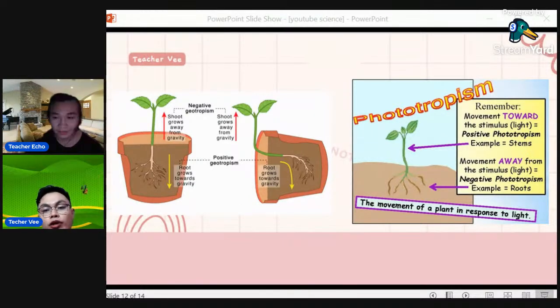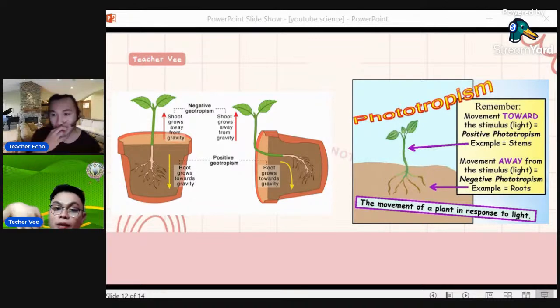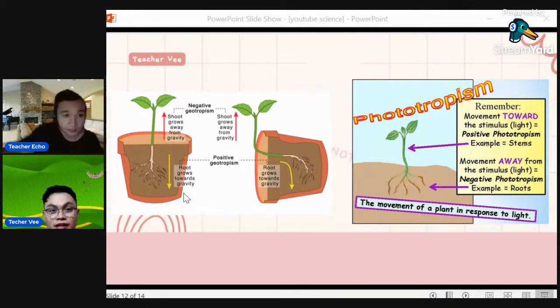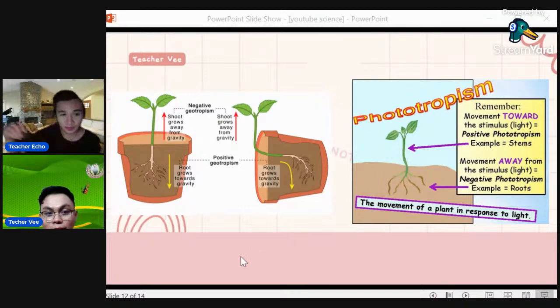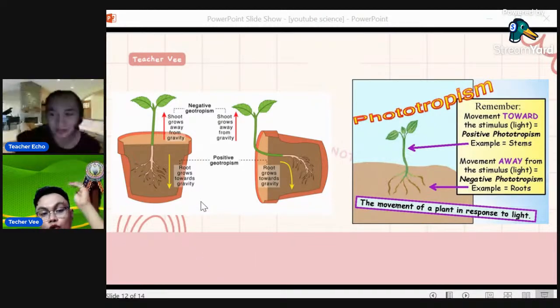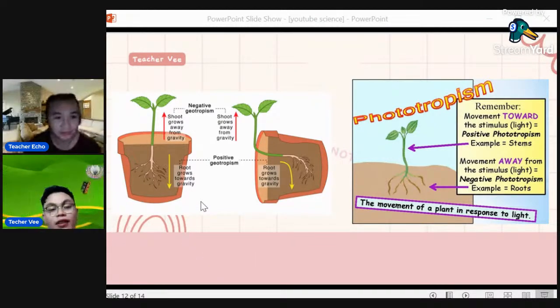And the upward growth of plant shoots is an example of negative geotropism. Downward growth naman po ng roots, that's positive geotropism. Kasi nga, our gravity is pabagsak, di ba? Kaya root that grows towards gravity, that's positive geotropism.